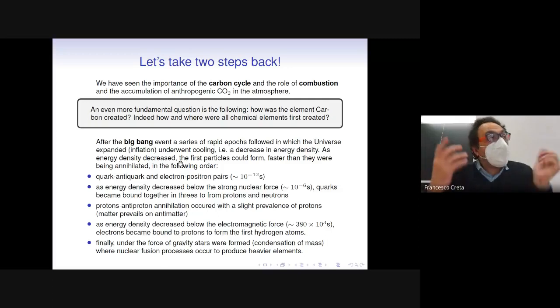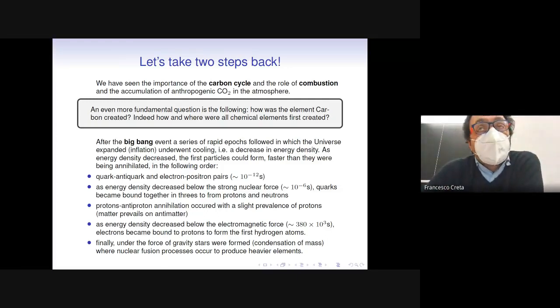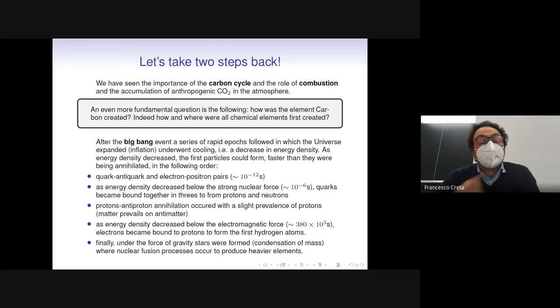When you expand something, intuitively, it also cools, right? So there is a sort of decrease of energy density. And you have to imagine here, in the initial stages of the inflation period, you have a very high energy density decreasing very rapidly.